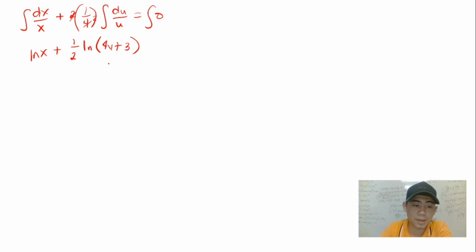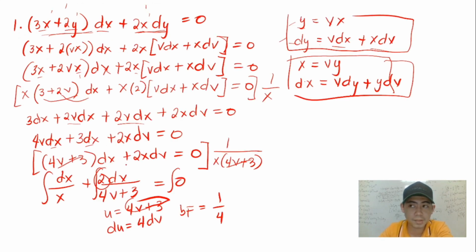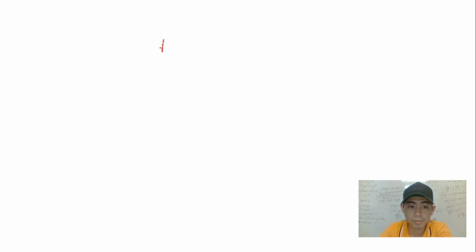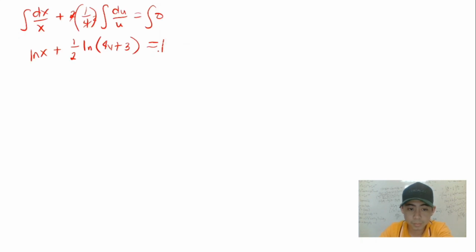So, we substitute the value of u, which is 4v plus 3. Therefore, the answer is the natural logarithm of 4v plus 3, plus the integral of the constant, or 0, is ln of c.